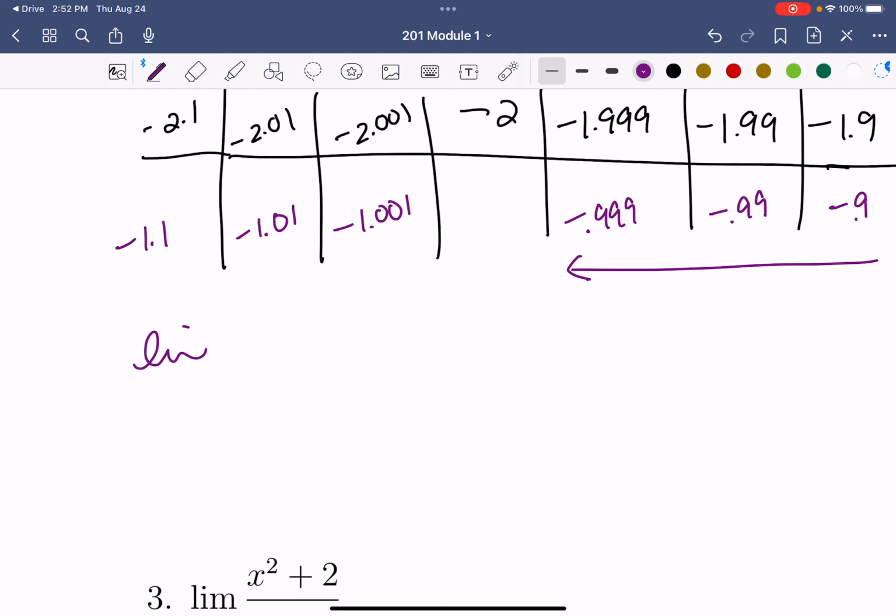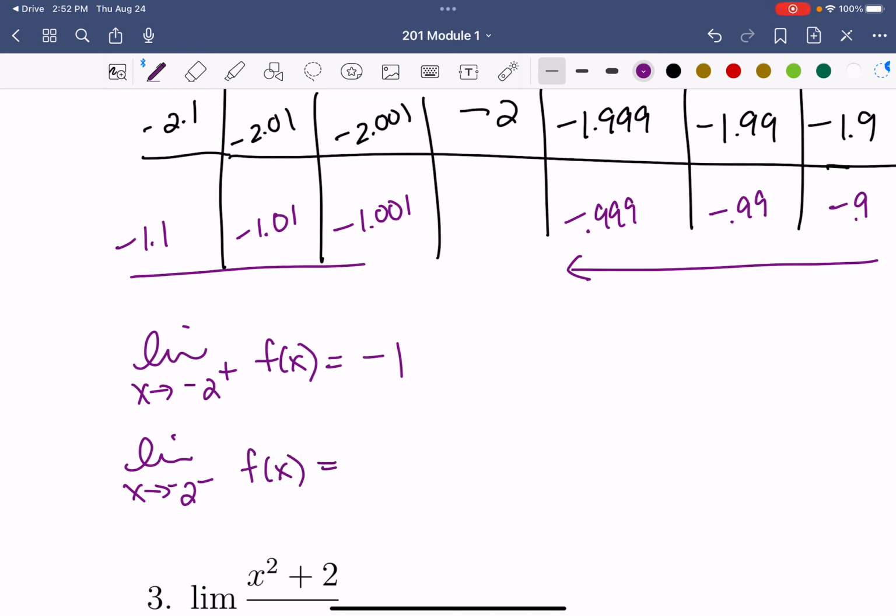So the limit as x goes to negative 2 from the right of our function, and I'm just going to put f of x in there for now, is negative 1. And from the left-hand side, that's our limit as x goes to negative 2 from the left. As we go this way, you're getting closer and closer to negative 1. And so together, because they match, we get the limit as x goes to negative 2 of your function as negative 1.